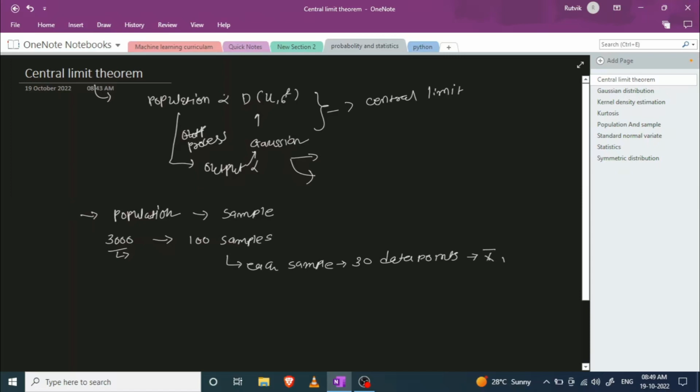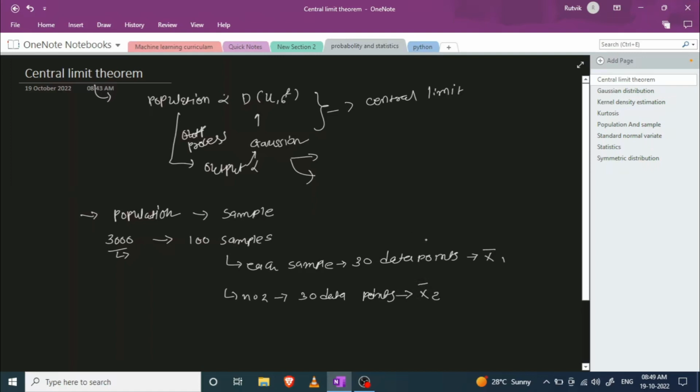If the sample number is 1, then the mean of that sample is x1 bar, and if the sample number is 2, I'm going to label it as x bar 2.